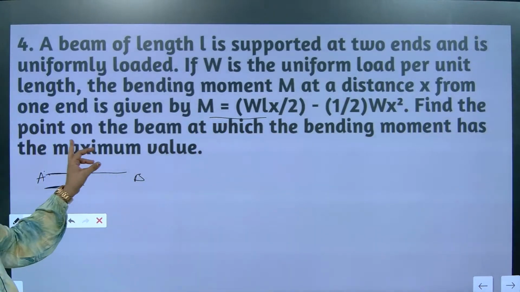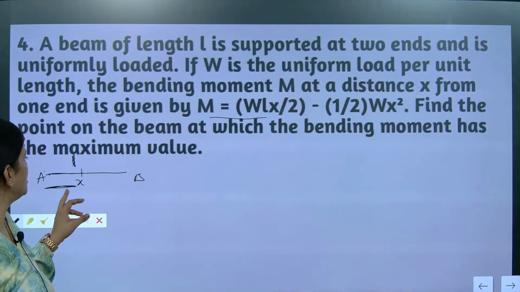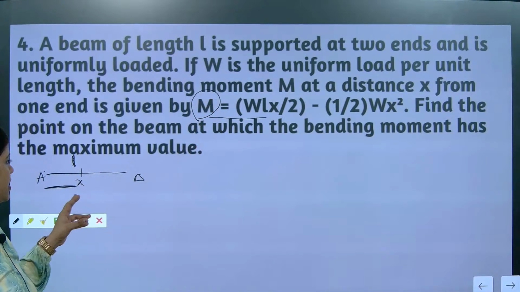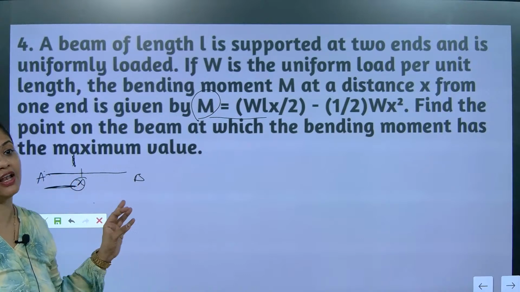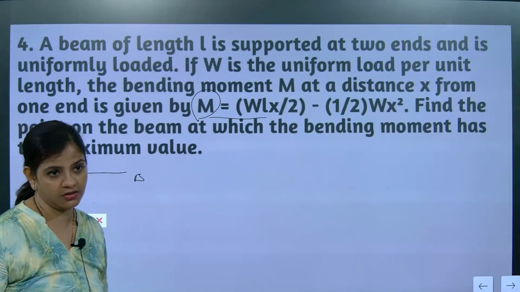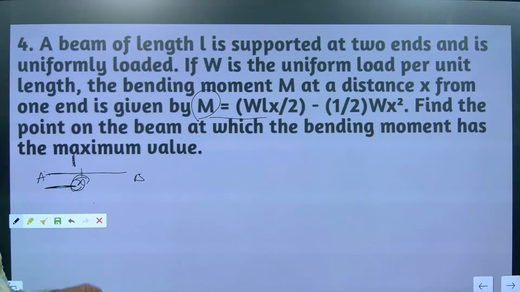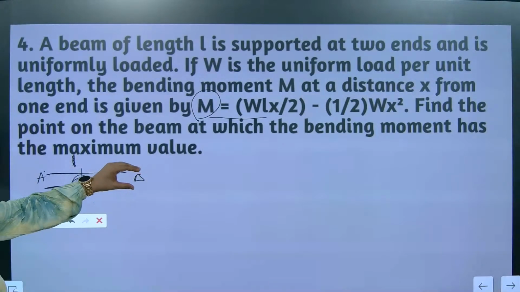So find the point on the beam at which the bending moment has the maximum value. Where can this x be placed so that you will have the maximum value? It is the total case of x only. Did you understand?